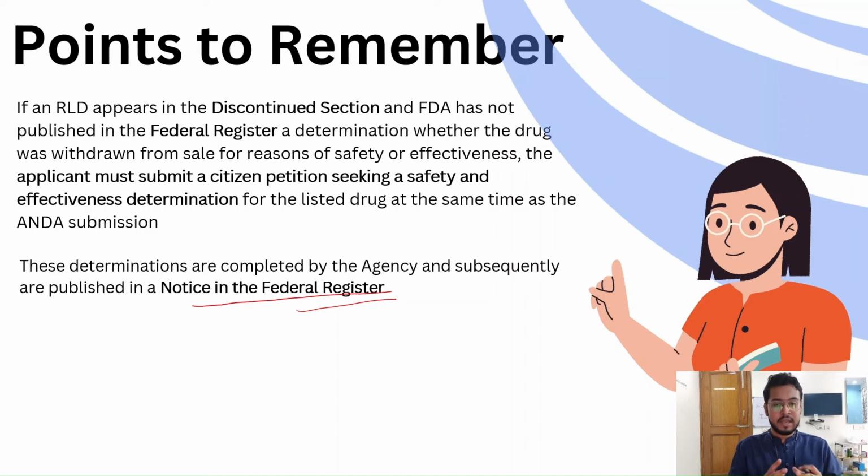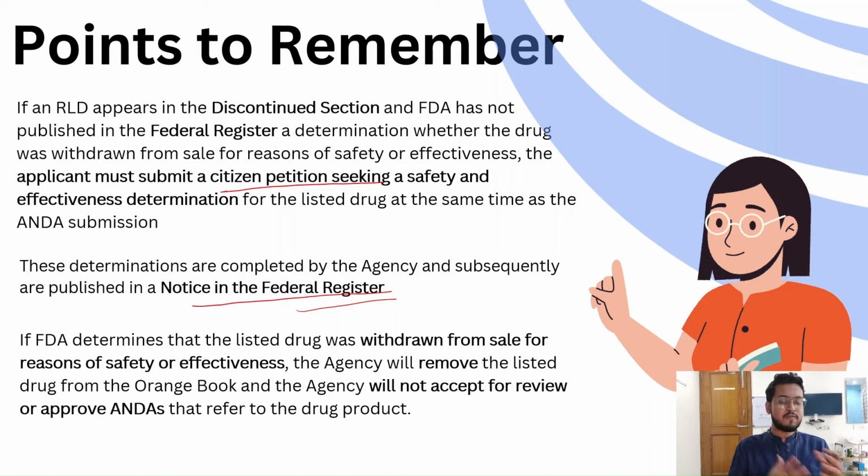And if you find out that it is not listed in the Federal Register, then in that case you have to submit a citizen petition asking FDA to determine why it is being removed from the market. Now why is this so important? Because if it is found that the drug has been discontinued from the market due to safety and effectiveness reasons, FDA will not review the ANDA.